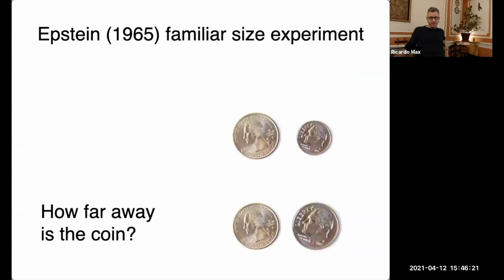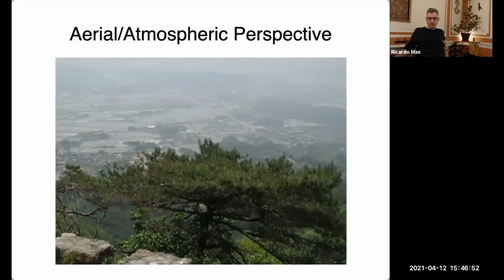Familiar size. We know that a quarter is larger than a dime, and there is an experiment where, if we take the clues away from all other visual stimuli, we feel the dime is closer than the quarter, because we know it's supposed to be smaller.